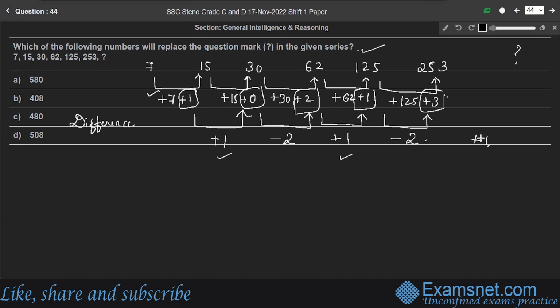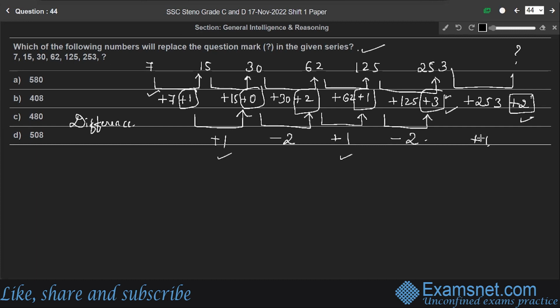Right, plus 1. If the difference between 3 and a number is plus 1, the next number to be added along with the same number is plus 2, right? So we have to add 2 to the last but one number, 253, so that the difference between the numbers to be added becomes plus 1. 3 minus 2 becomes plus 1, right?